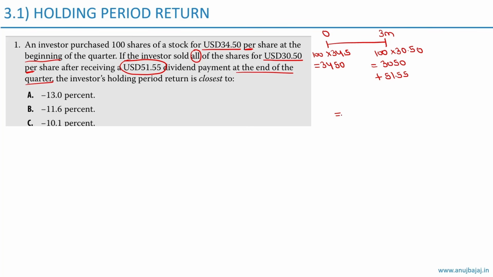So the holding period return is 3050 minus 3450 plus the dividend of $51.55 divided by 3450. You should get 0.101, which is 10.1%. So option C is the correct answer.